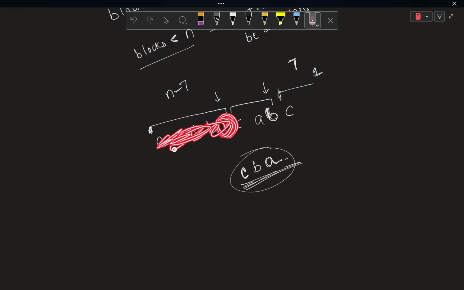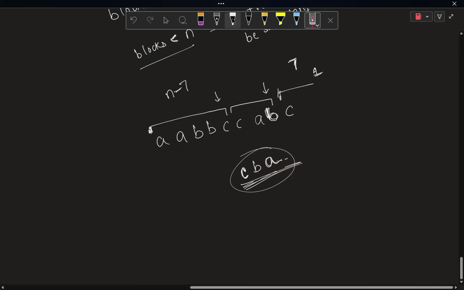You don't have to think if it is possible to pick up anything else from there or not. When you picked up this B, you just got rid of all this. It's a simple contradiction argument: if at all such a thing would have existed, then the last occurrence that we have taken would not have been the last occurrence in the first place.